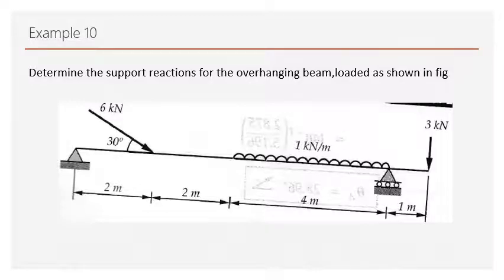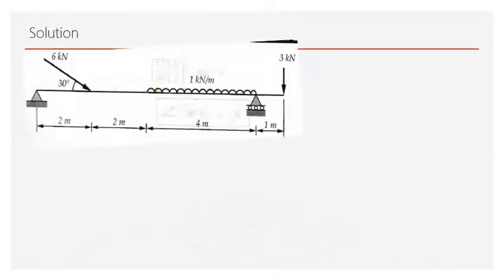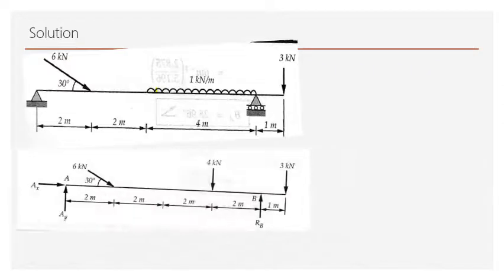Observe the diagram. So draw the free body diagram. Convert the UDL. UDL is 1 kilonewton per meter intensity for a span of 4 meters. So 1 into 4, the equivalent point load is 4 kilonewton. Two reactions at the left hand support, Ax and Ay, because it is hinged support.